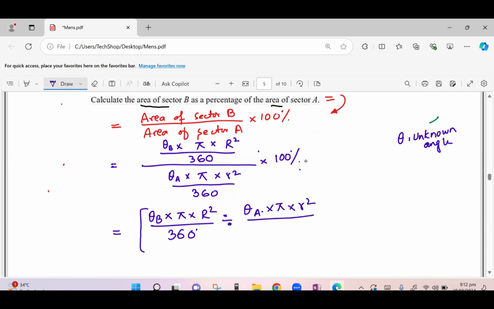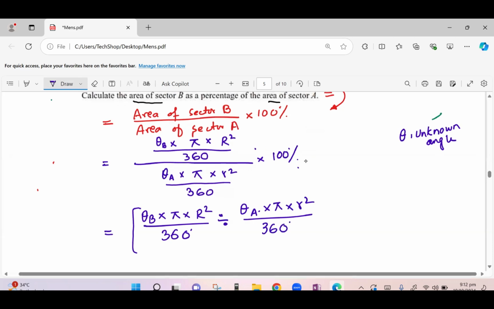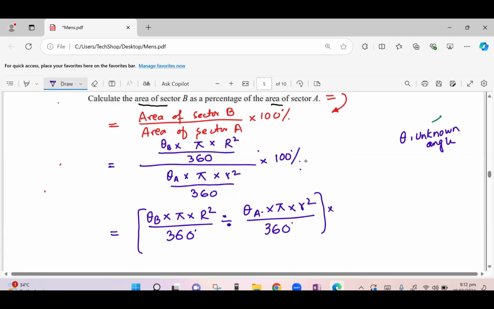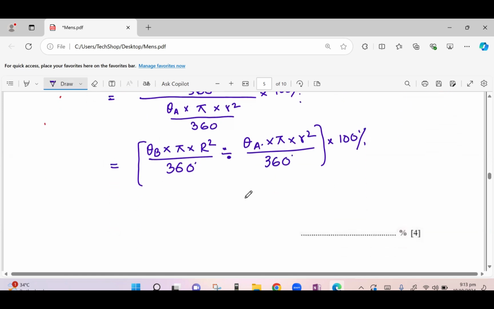Don't put values before simplifying 360. The rule is, when you convert the division sign into a fraction, you have to take the reciprocal of this side. So I'm going to write theta B times pi times r squared over 360, multiplied by 360 divided by theta A times pi times small r squared, into 100%.